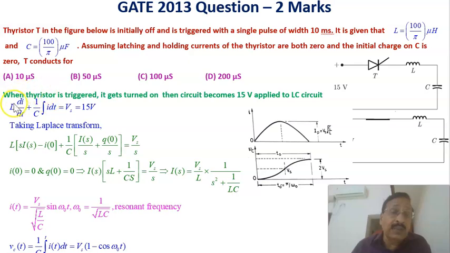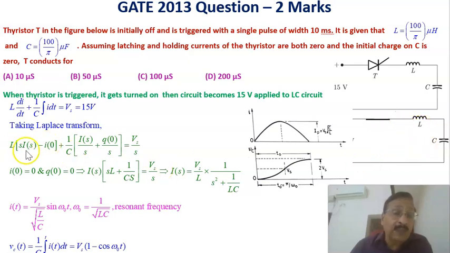Once the thyristor is on, we take the Laplace transform of this equation: L into (s I(s) minus the initial value of the current) plus 1 by C integral I(s) divided by s plus the initial charge of the capacitor Q0 divided by s, equal to the source Vs by s. Therefore, this is the Laplace equation for this circuit.